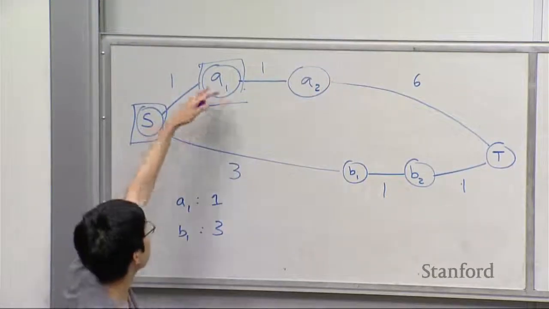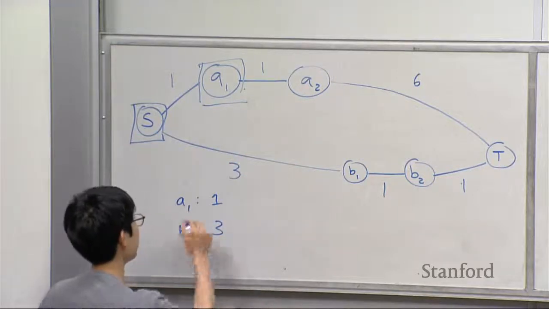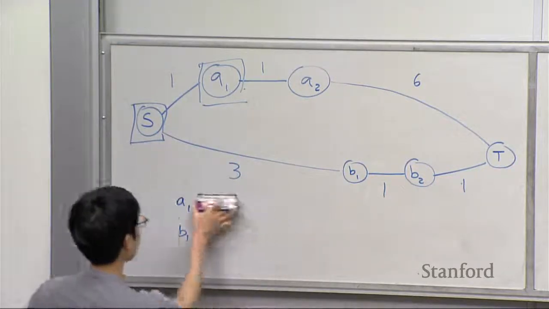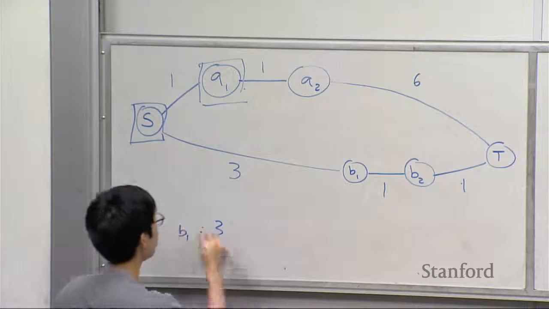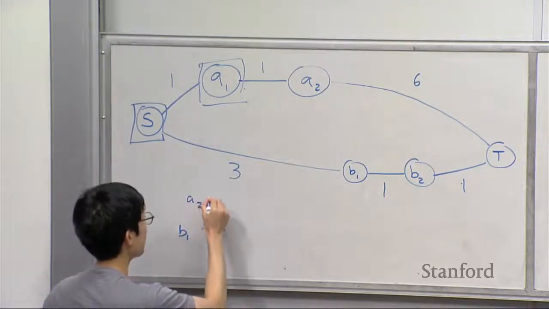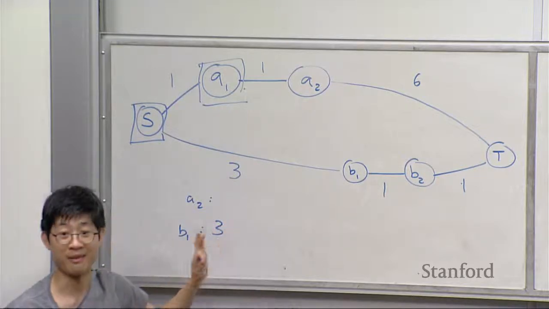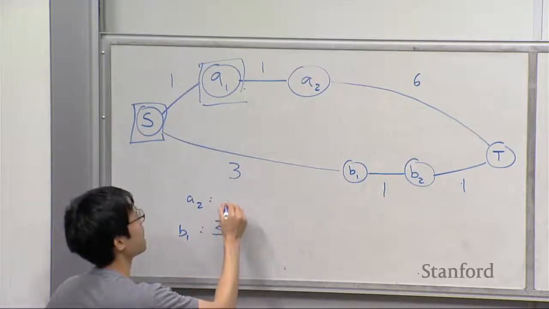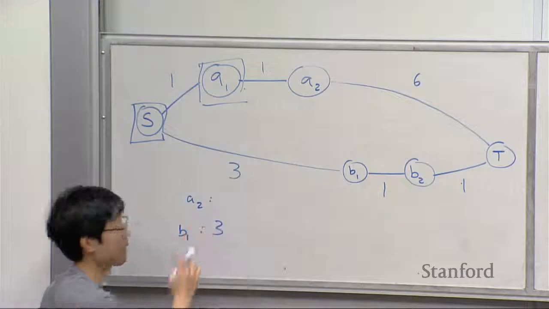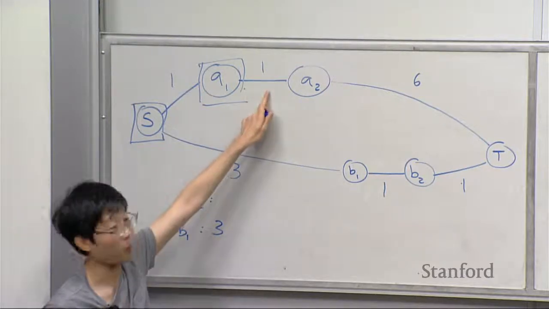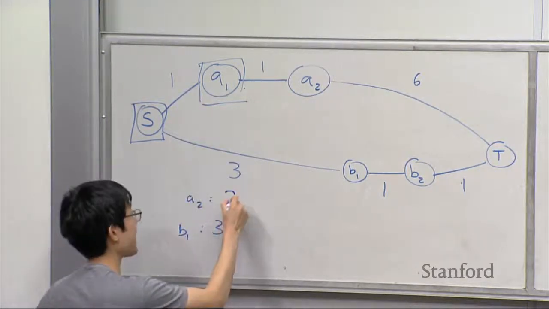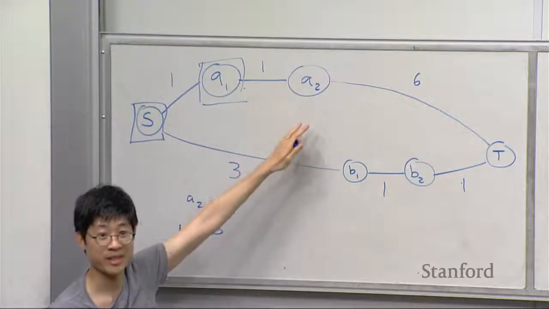Now what we can see on the frontier is A2 and B1. So we'll take A1 out. I want to emphasize again that once something has been put in the explored set, it can never go back into the frontier ever again. All right, so now we have A2. What do we put as the priority for A2? We do not put 1. We put 2, because that's the entire cost required to reach A2.